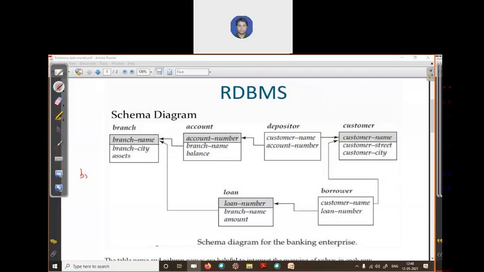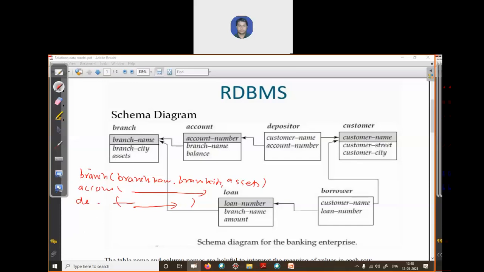Like you can write branch with its list of attribute names: branch name, branch city, and assets. Likewise you can write account with its list of attributes, depositor with its list of attributes. In this way you can write all six relational schemas.